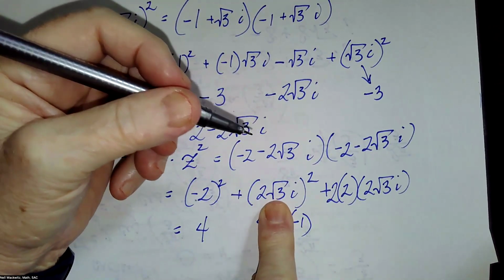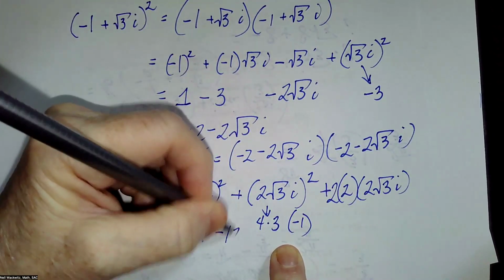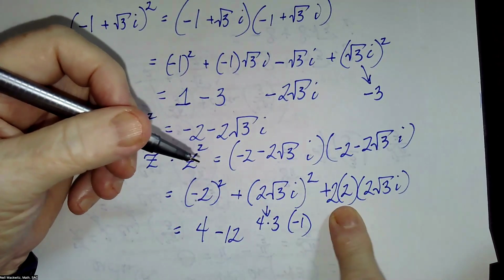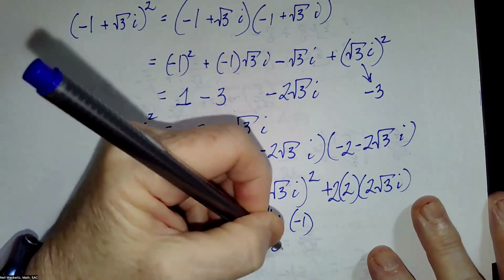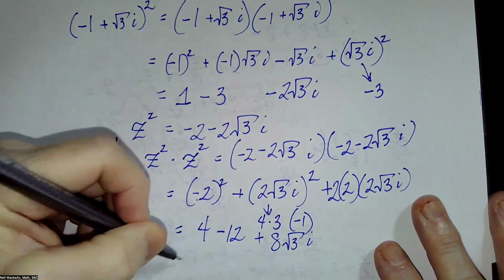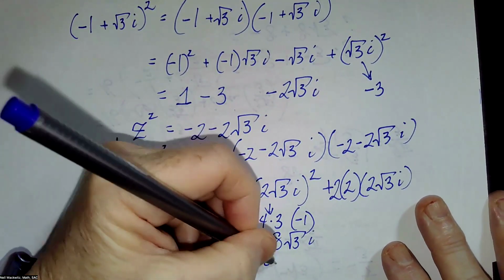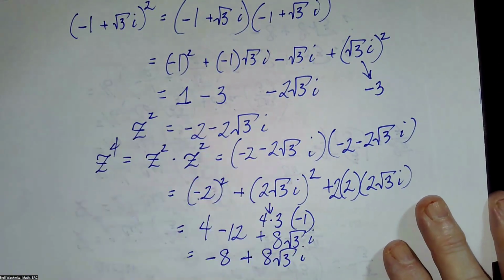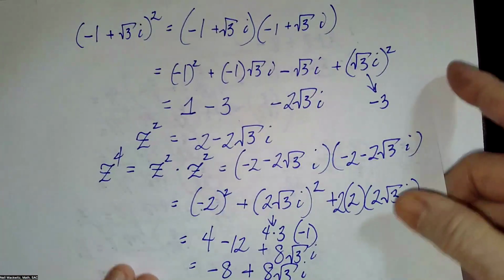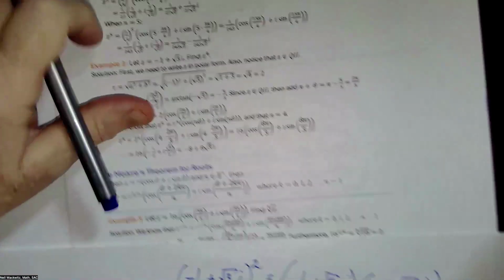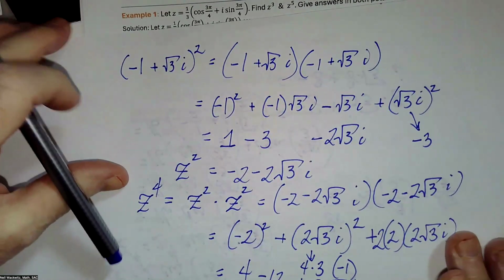So 2 square root of 3i squared is negative 12. And then we've got plus 8 square root of 3i. And that gives us negative 8 plus 8 square root of 3i. So for lower powers, it's not too hard to multiply through.